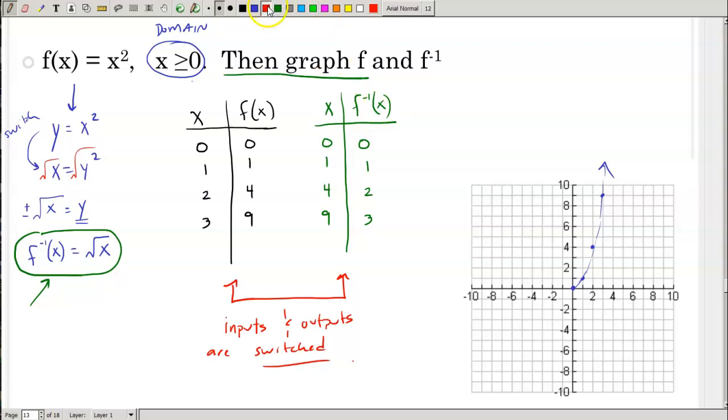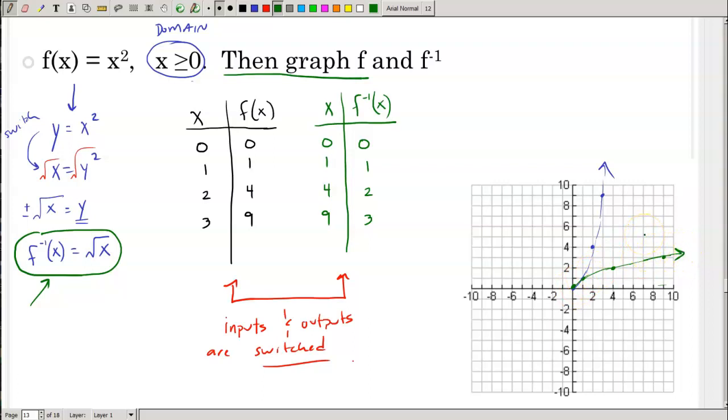So if we're going to graph this, I can just do the same thing. I'm going to plug in 0, 0; 1, 1 is right here; 4, 2; and 9, 3. I'm going to go ahead and graph it, and I get that. So the graph of this function is right here in blue. The inverse is like this.